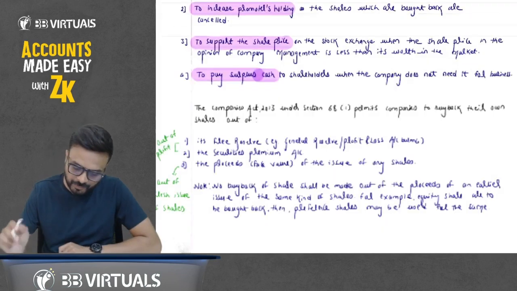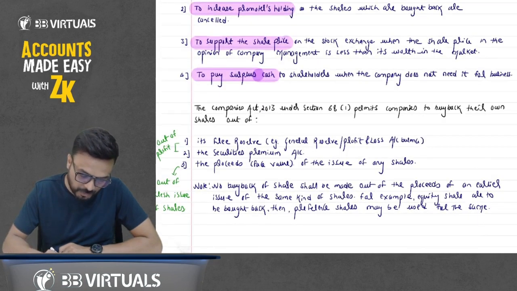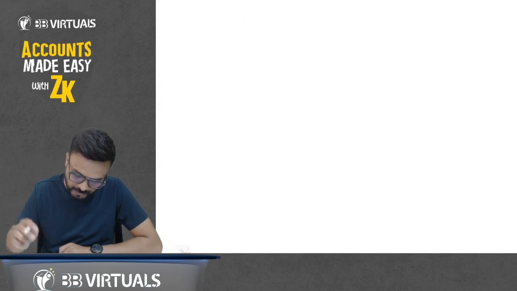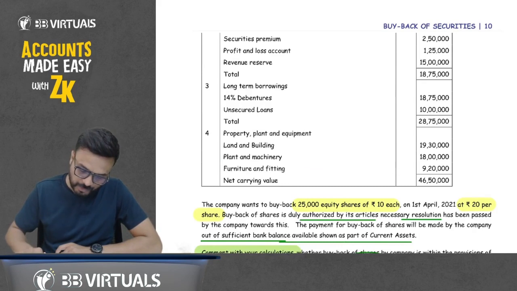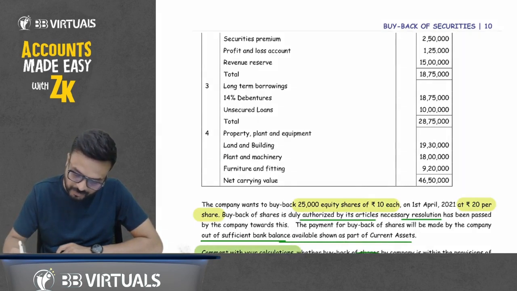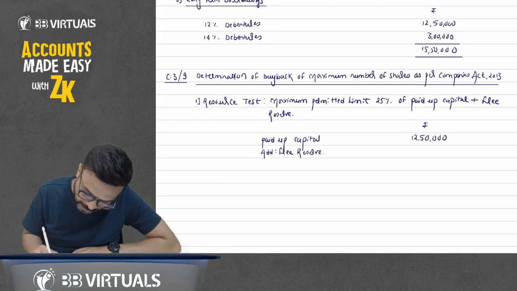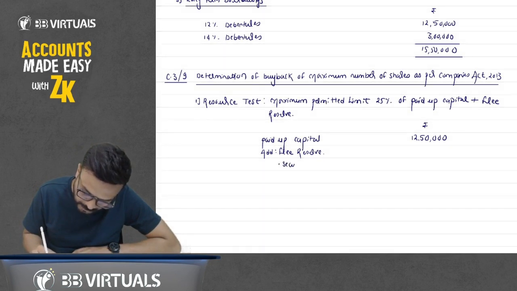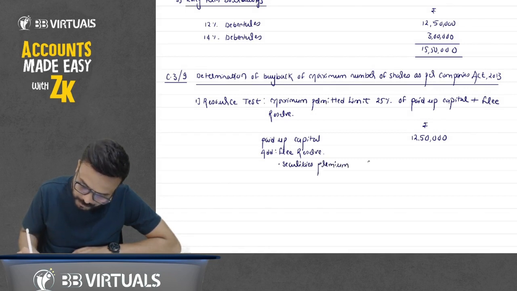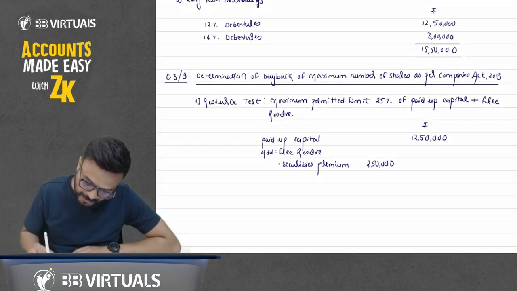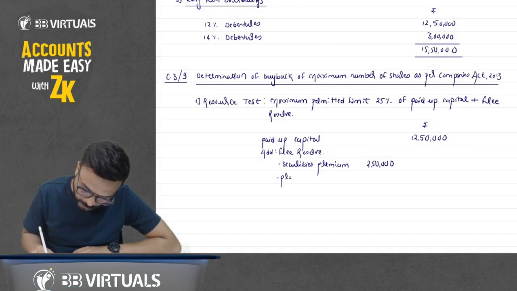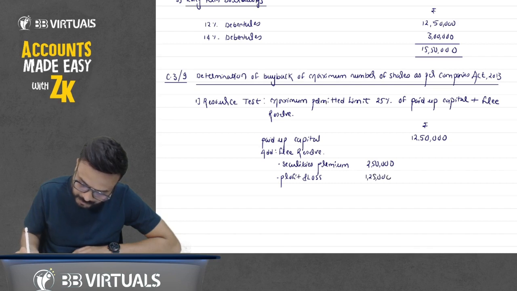How much free reserve do they have? If you see in the question, note number 2: the first is securities premium, 2,50,000. Then profit and loss account, 1,25,000.